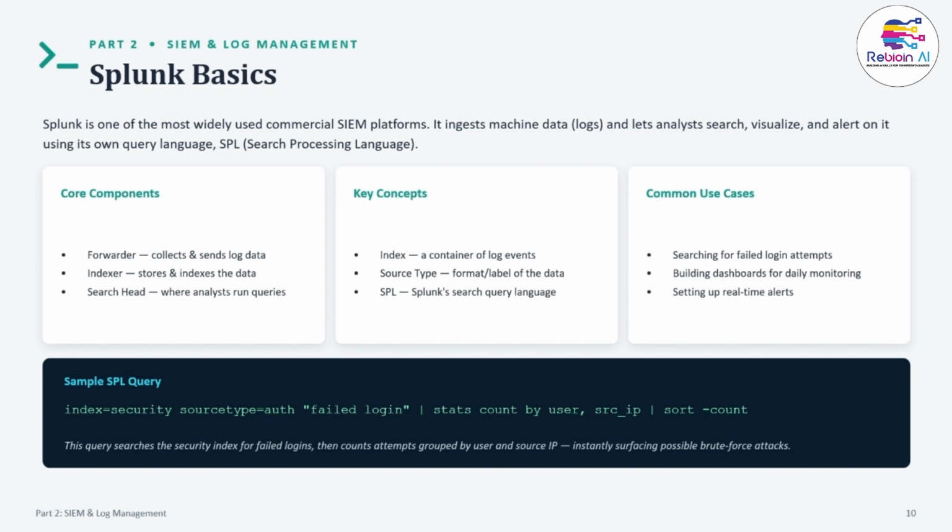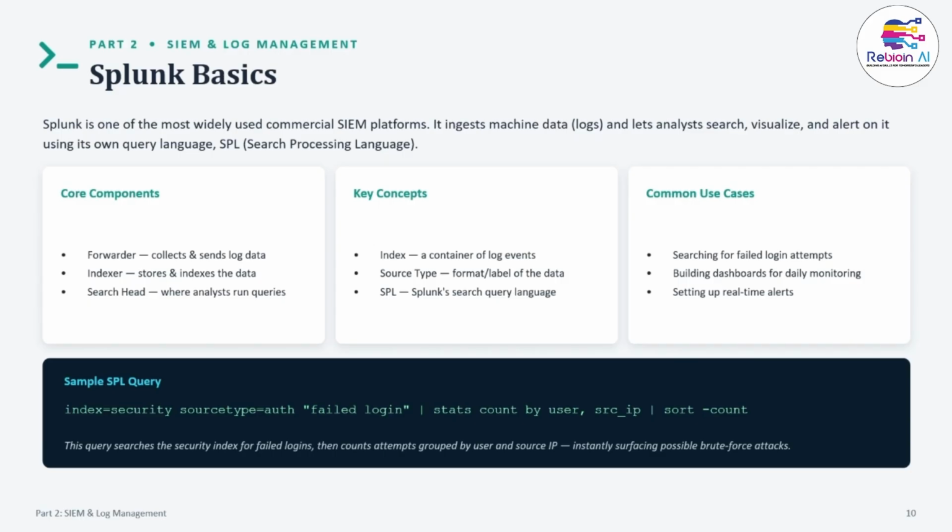The key concepts you need to know are, the first one is index. Think of this as a labeled container or folder that holds a set of log events. Second, source type. This describes the format or label of the incoming data, for example, firewall logs versus web server logs.